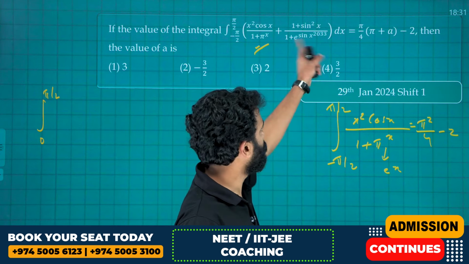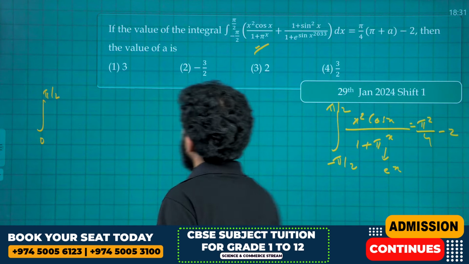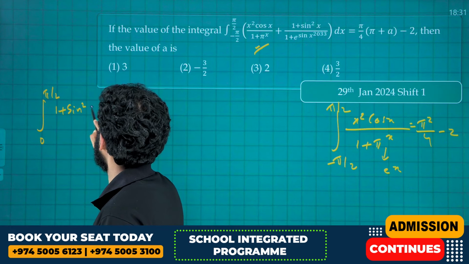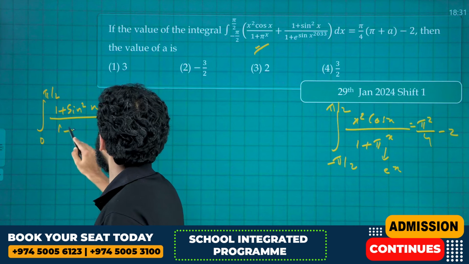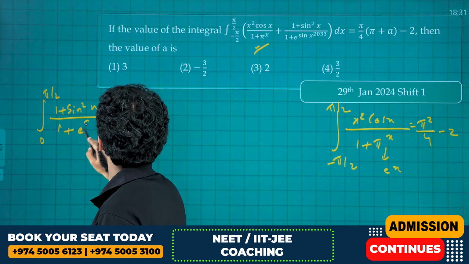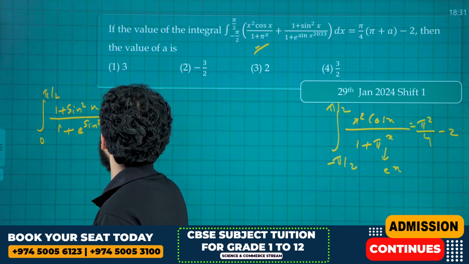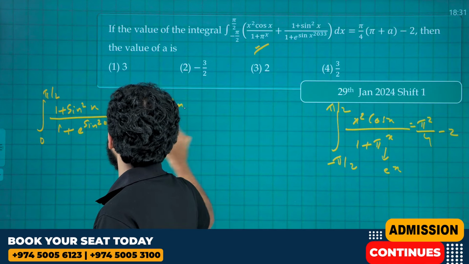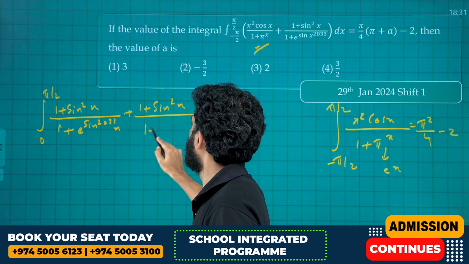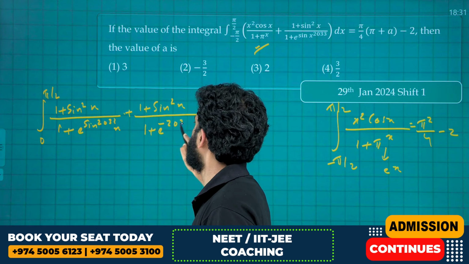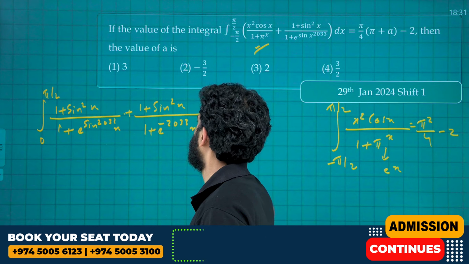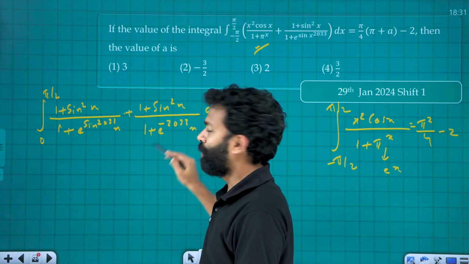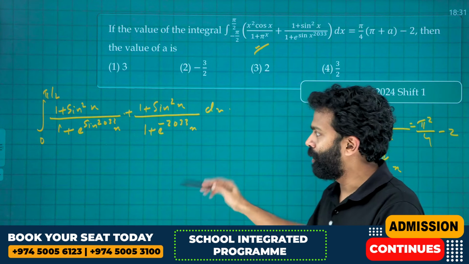Okay, pi square by 4 minus 2, and we can operate this one. That will also get cancelled. Okay, so it will be 0 to pi by 2, 1 plus sine square x divided by 1 plus e raised to sine raised to 2033 x, plus 1 plus sine square x divided by 1 plus e raised to minus sine raised to 2033 x, dx. Okay, this can be written as 1 by e raised to sine 2033 x, which will be cross multiplied.